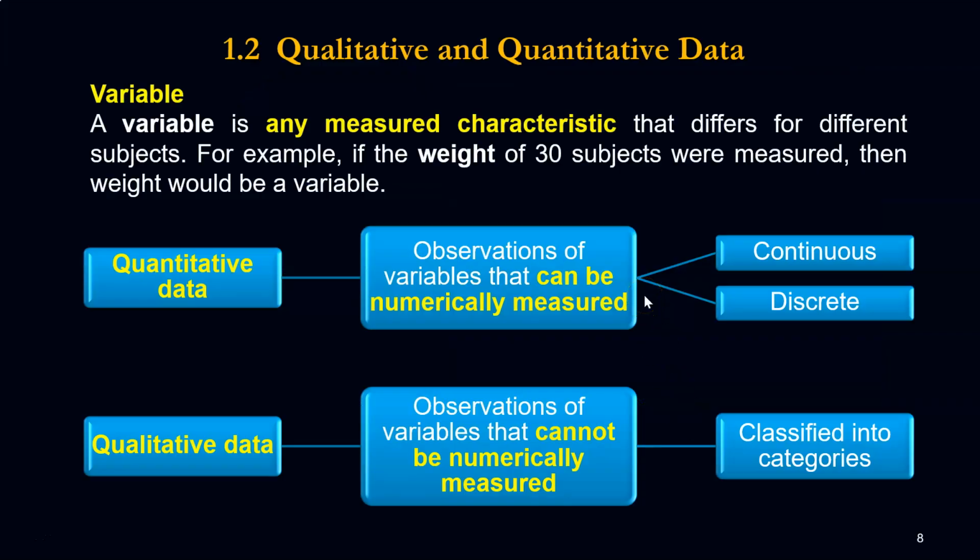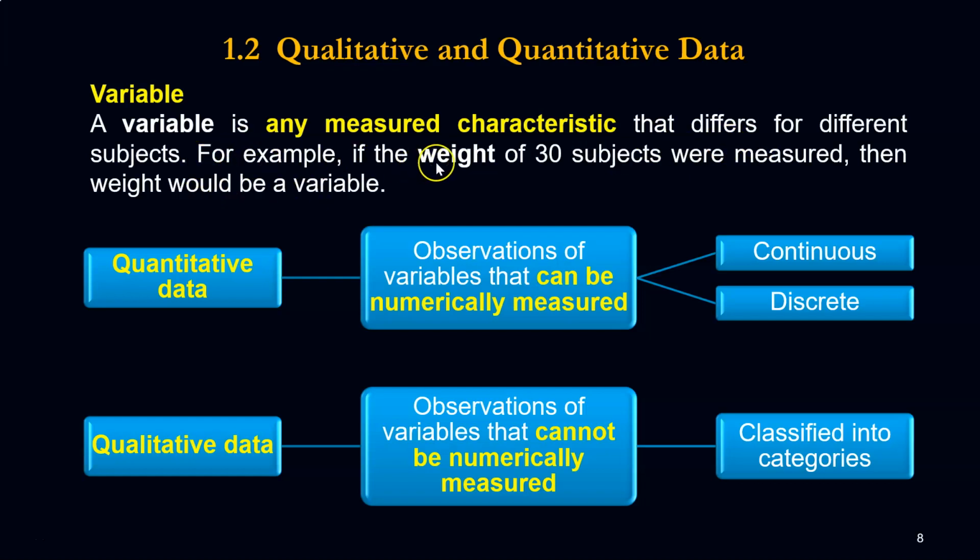Okay, next is qualitative and quantitative data. So we are moving on to the second subtopic, qualitative and quantitative data. But before that, you need to know what is a variable. A variable, ataupun dalam bahasa Melayu adalah pemboleh ubah. A variable is any measured characteristic that differs for different subject.